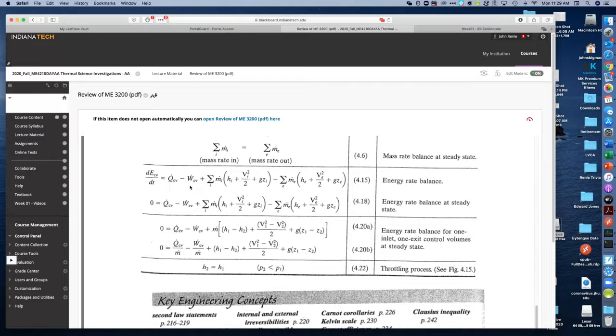Again, there's our negative sign because of the definition of the heat transfer as positive going in and the work as positive leaving the system.